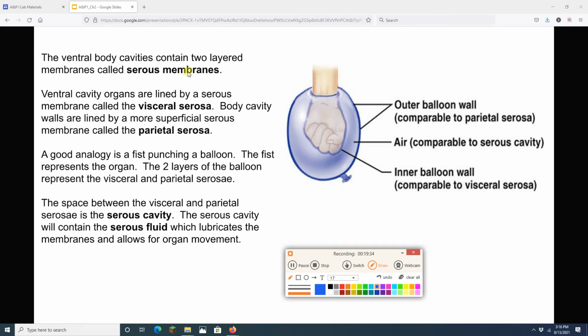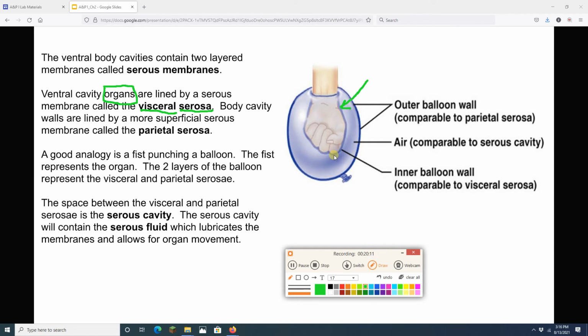So, an organ in a ventral body cavity is going to have a membrane around it called a visceral serosa. So if you imagine the fist is an organ, this layer of balloon right here, directly touching that fist, is going to be the visceral serosa.